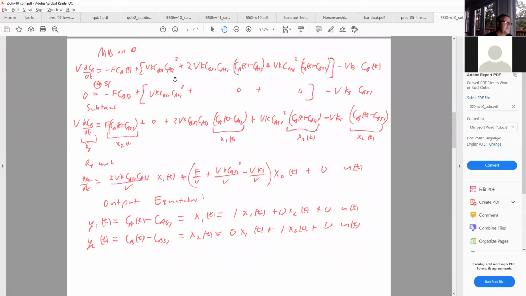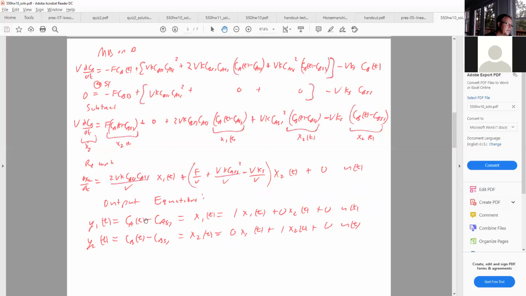So do the same thing for concentration of B. You have the flow in, flow out, this reaction rate because you're producing it. Actually that's flow out and that's conversion to the other waste product. But the reaction rate that produces B from A is this term. You have to subtract the steady states. You get a bunch of stuff in terms of x2, x1, x2, x2. Collect all your terms. Write out your output equations.